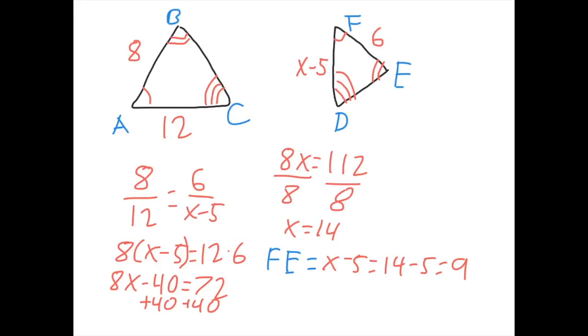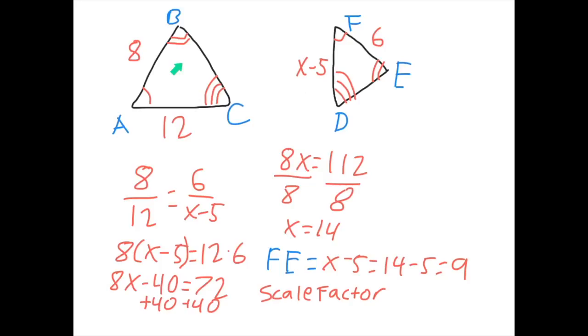Now we need the scale factor. So the scale factor, all you have to do is find out what the ratio is fully reduced. So all you have to do is look at one set of these and you can easily find the scale factor. 8 over 12, 8 to 6, so the corresponding side 8 to the corresponding side 6, so 8 over 6.